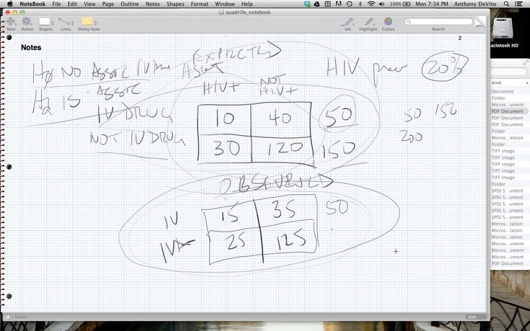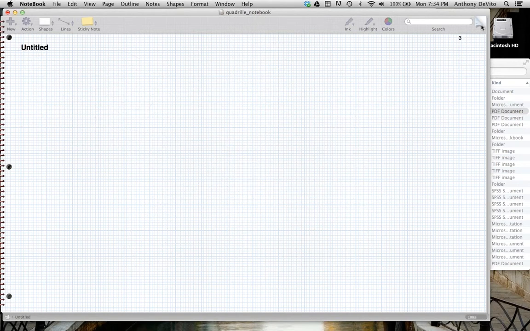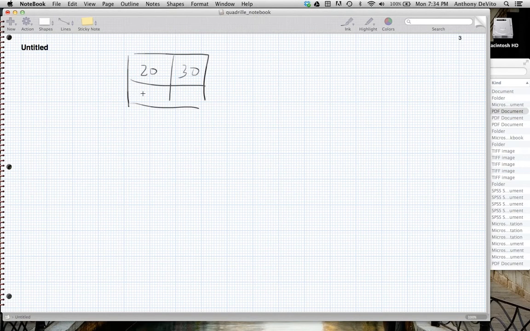Now I'm going to recreate these numbers, I hope. I'm going to try anyway on the next page, so I can start with a clean slate, and you can help me out if I get them wrong. This was 20 and 30, and this was 30 and 120.